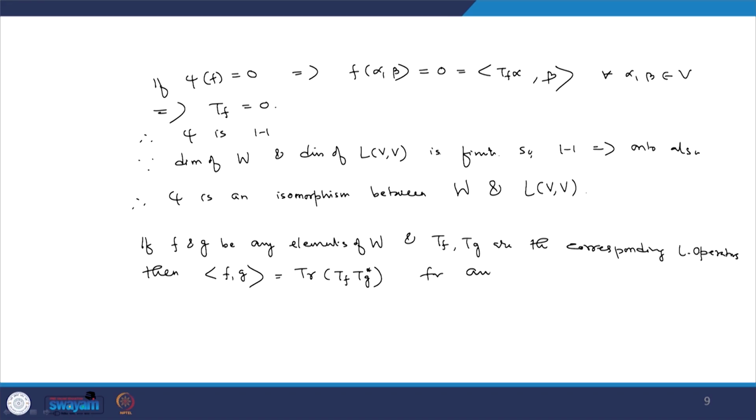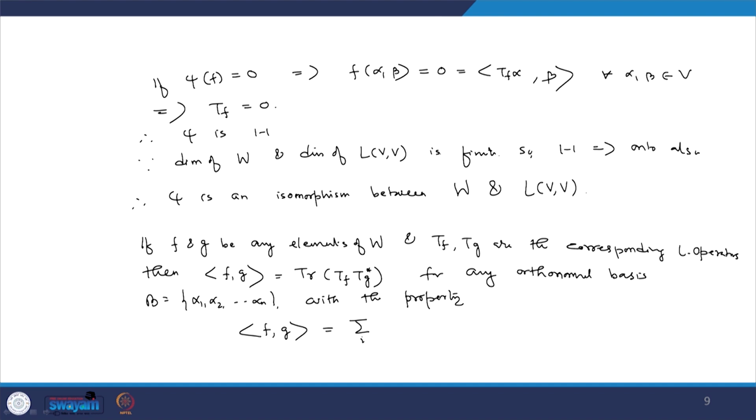For any orthonormal basis B equal to alpha 1, alpha 2, ..., alpha n, with the property that inner product of f and g equals the sum over j and k of f of alpha k, alpha j times g of alpha k, alpha j bar.